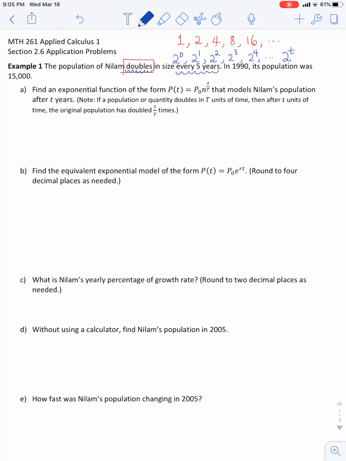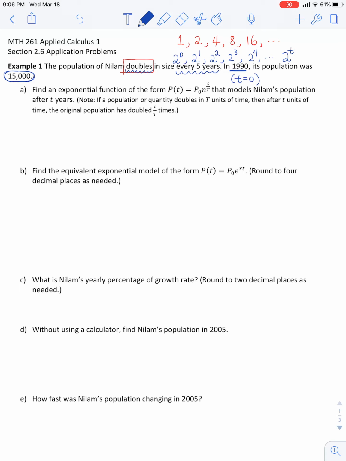So starting in 1990, back in 1990 its population was 15,000. We're going to use that as our initial population, and we'll say t equals 0 is 1990, okay?